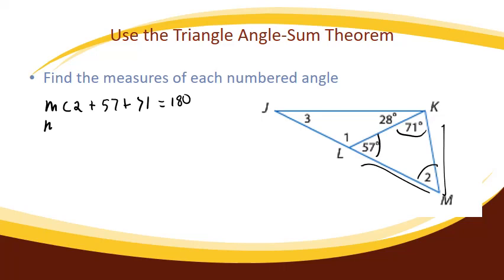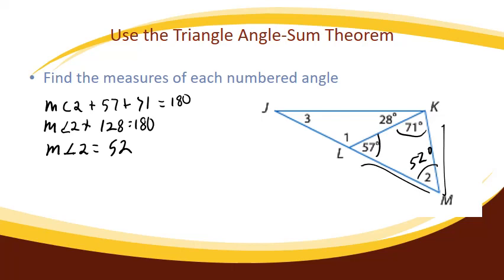What's 57 plus 71? 57 plus 71 is 128. So angle 2 plus 128 equals 180. Let's subtract 128 from both sides. Therefore, the measure of angle 2 is going to be 52. 180 minus 128 is 52. All right, so this one's 52.